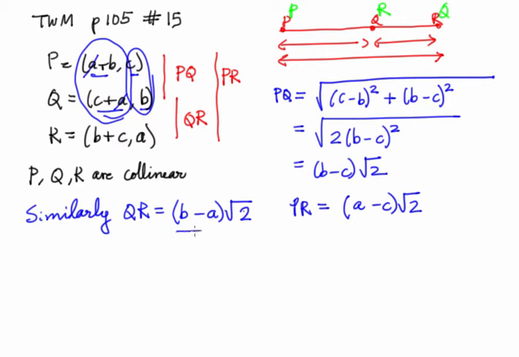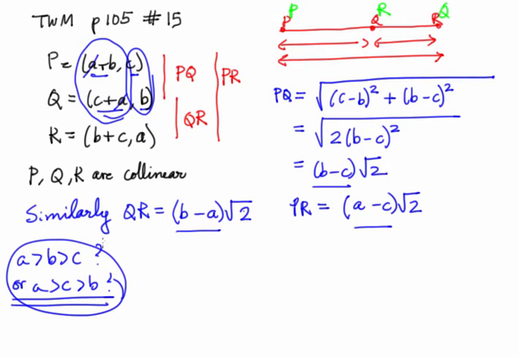Of course, the signs of these various things will depend upon which you pick, and therefore it will also depend upon whether a is greater than b or greater than c, or c is between b and a, you never know. And this is what will determine in what order these points are going to be.